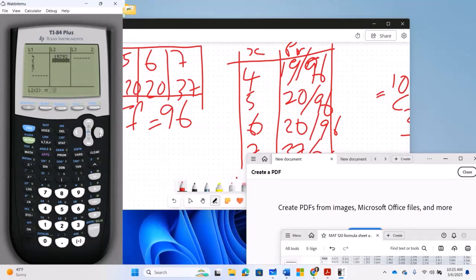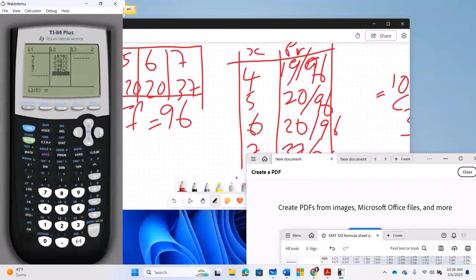And the next one is 20 divided by 96, enter. And the next one is 20 divided by 96, enter. And the other one is 37 divided by 96, enter. Okay, I have made a probability distribution. Now that I have completed it, I want to find the mean.